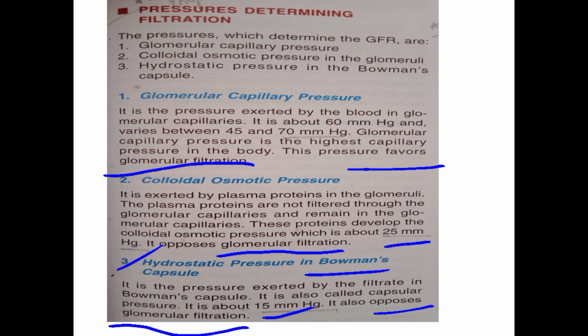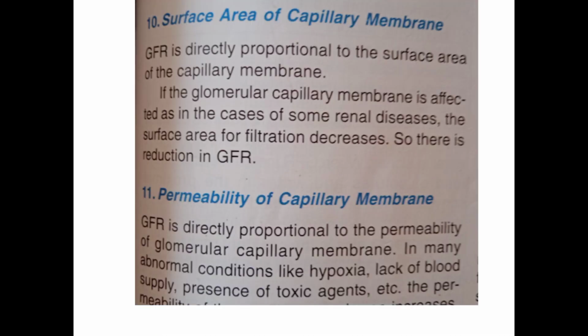So these three pressures are very important in determining the filtration rate. Only the glomerular capillary pressure favors filtration; the other two oppose it. The next one is the surface area of the capillary membrane.